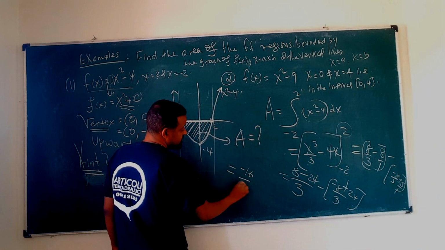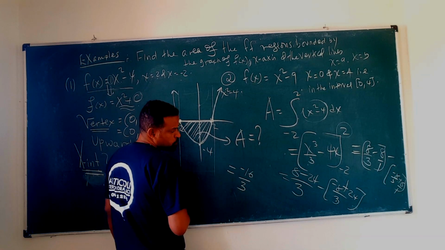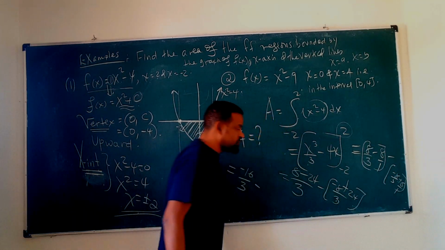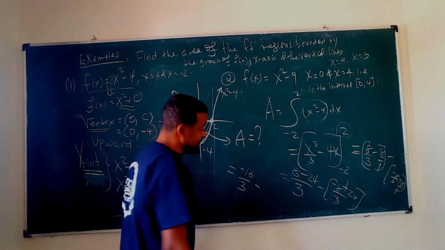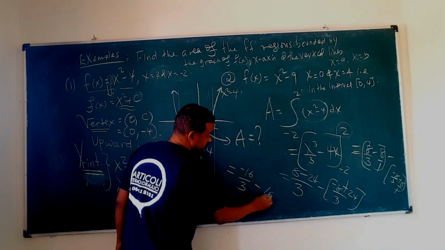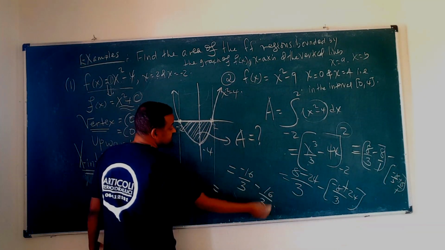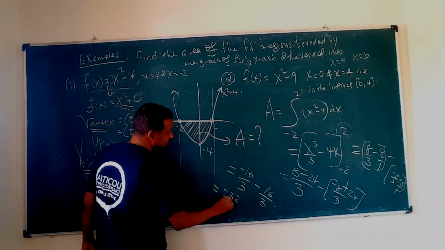Negative 16 over 3. Okay? Then here minus, negative 8 plus 24 is what? Positive 16 over 3 of course. So that will be negative 16 minus 16, which is negative 32 over 3.